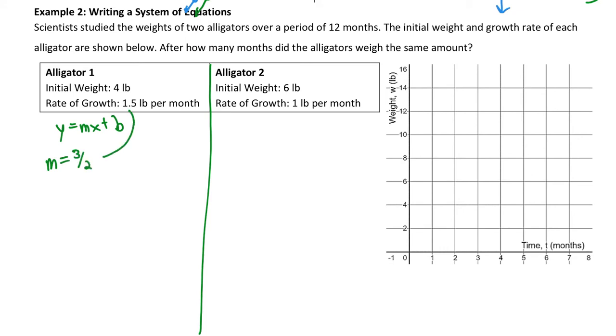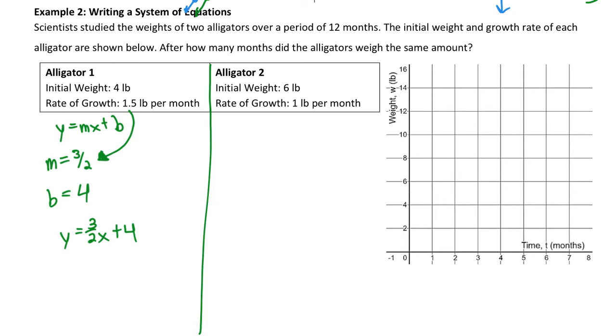I'm just taking the 1.5 and converting that to a fraction, 3/2, because a slope is easier to count when it is a fraction. And then the initial weight would be our y-intercept, or starting value, 4. So our equation for alligator 1 is 3/2 x plus 4.